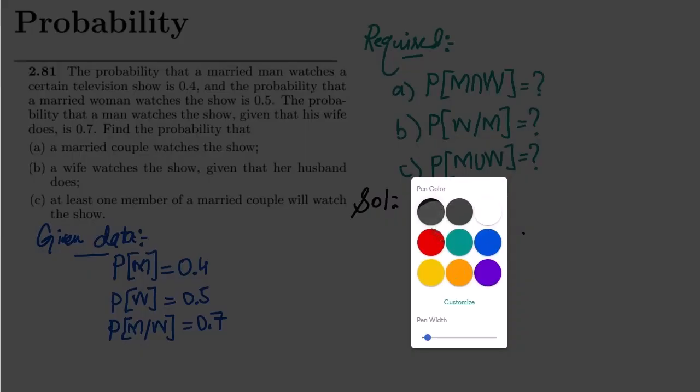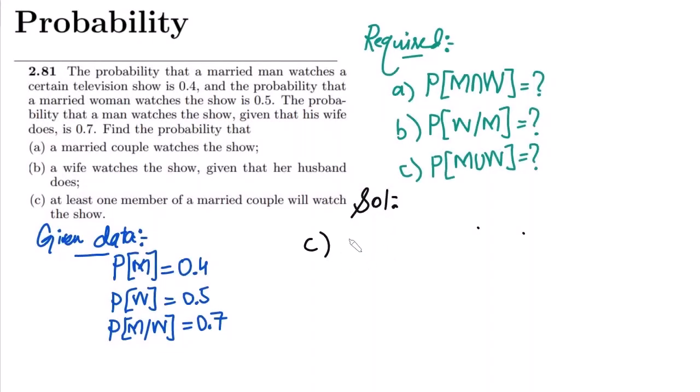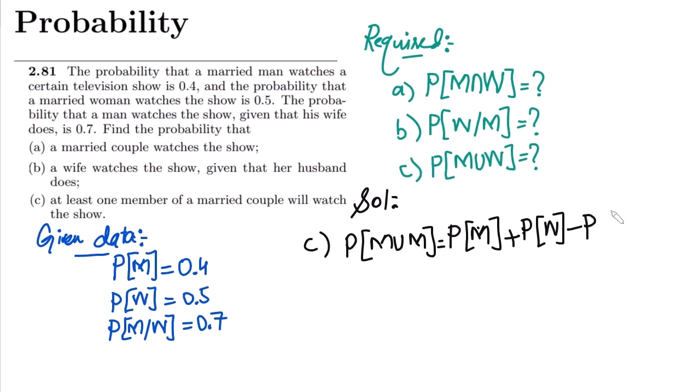Now moving towards part C, what do I have to find out? I have to find out the probability that a man or woman watches a TV show. In order to do so, I know the formula, which is the probability of man plus the probability that a woman watches it minus the probability that a man and woman both watch the TV show.